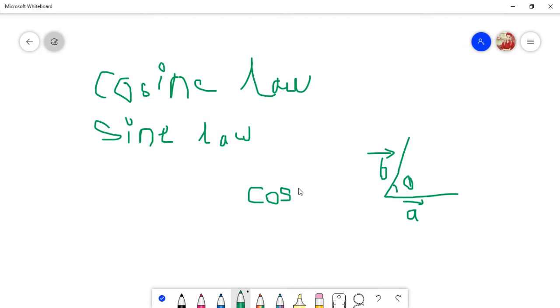We have to find the value of cos theta, and you know it is given by the dot product of the two vectors and the product of their magnitudes.